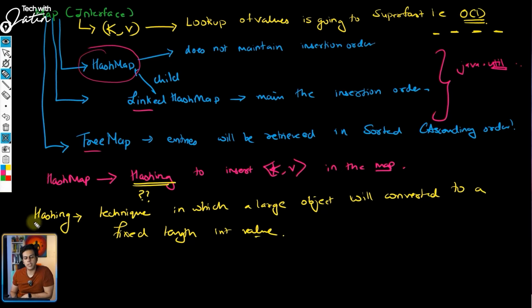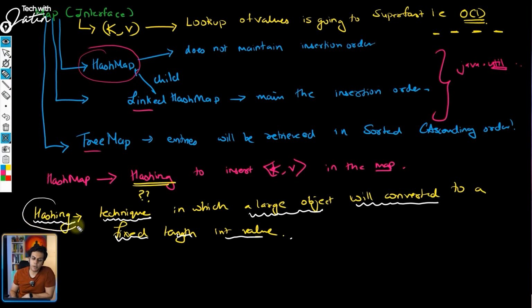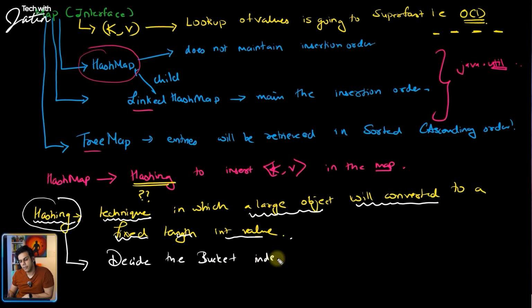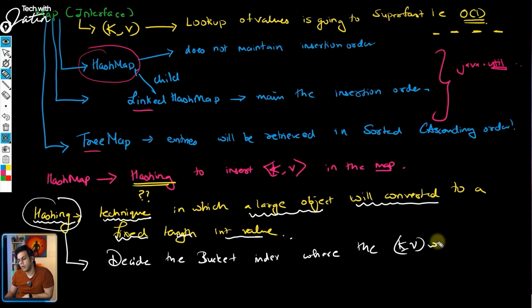I'll repeat it one more time for you guys. Please make a note of this particular stuff. Hashing is basically a technique in which a large object will be converted into a fixed length integer value. And we need to perform hashing to decide the bucket index where the key and value will be stored.